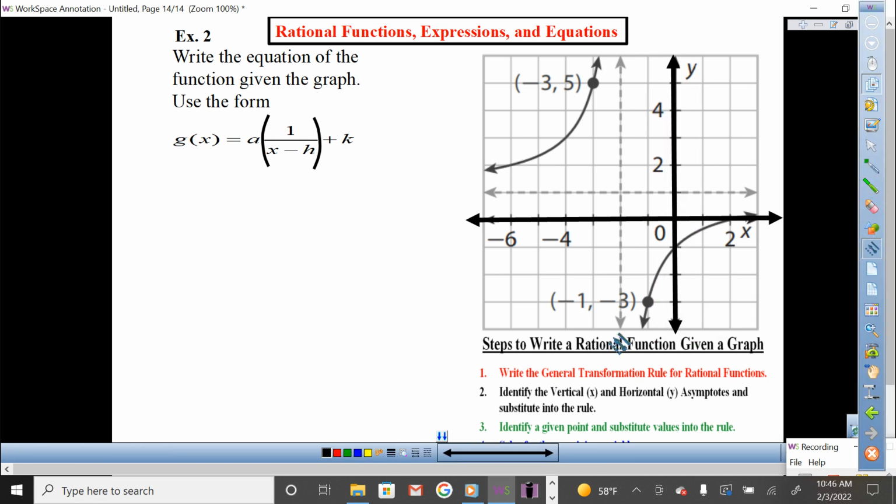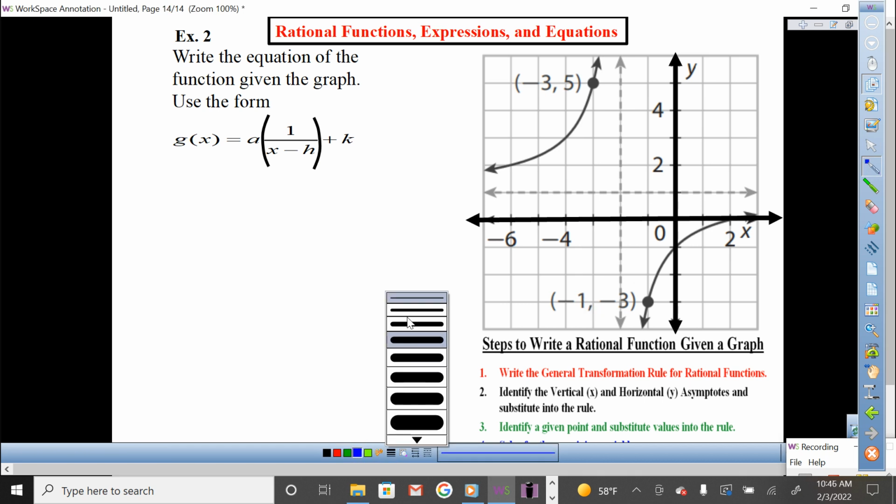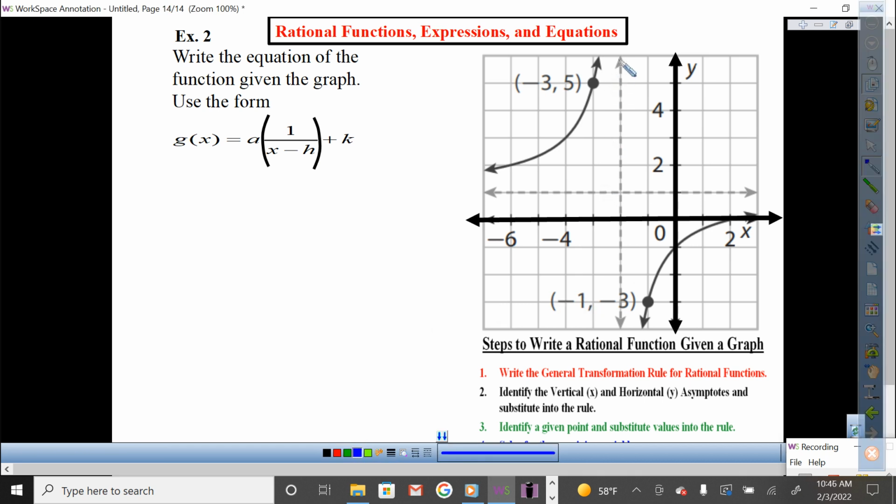Then we have a vertical asymptote going this direction, and that's at x equals negative 2. A horizontal asymptote going through at y equals positive 1.